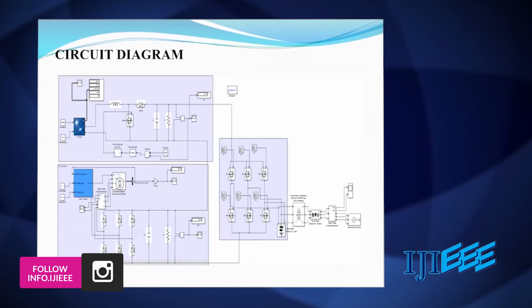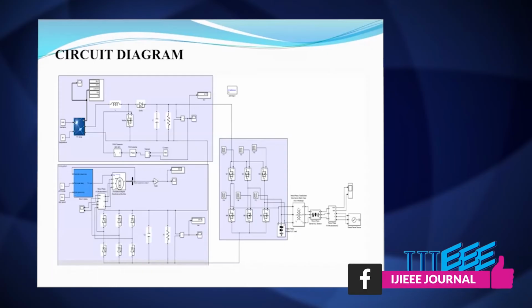So the final circuit diagram of the project is the PV array with the DC to DC closed loop converter and the wind turbine with the DC converter. In both, we are converting the AC or DC voltage and giving it to the inverter.